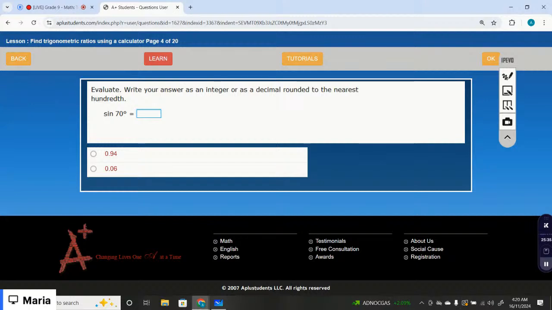So sin 70 equals... that is option number 1, 0.94 is the correct option.